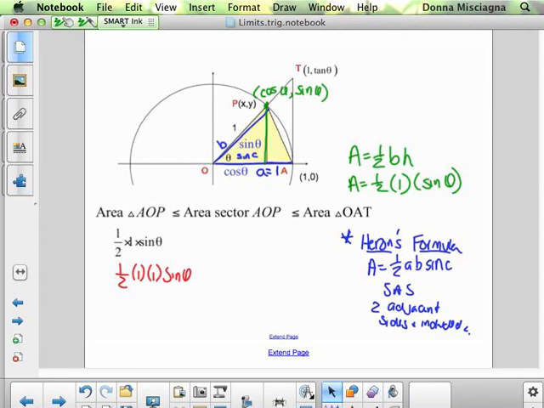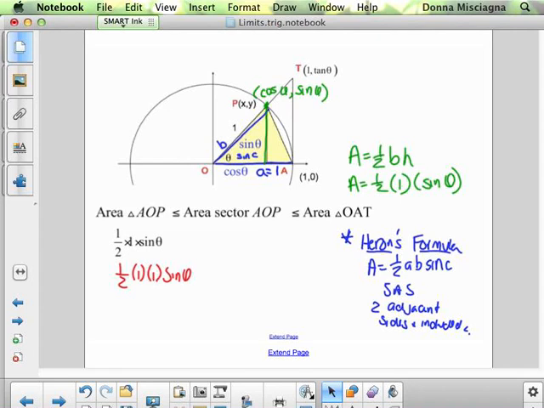We could also use Heron's formula. So Heron's formula uses the fact that if you have two adjacent sides and the included angle of a triangle congruent to another two adjacent sides and an included angle, the two triangles are congruent, to be able to find the area.